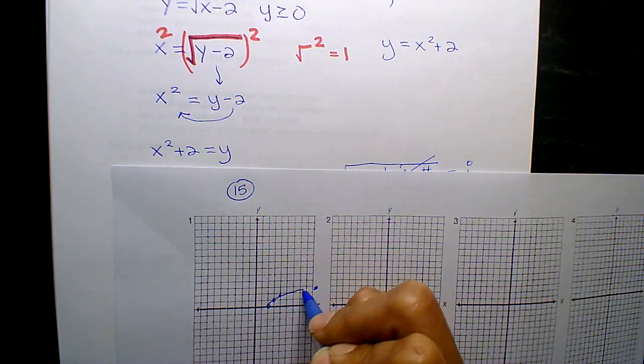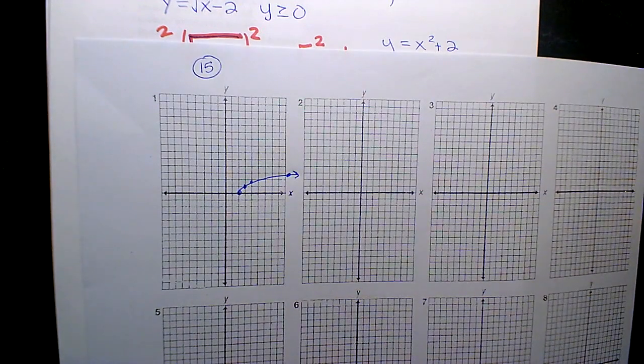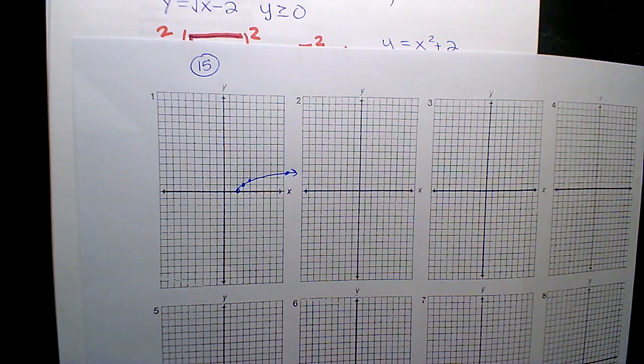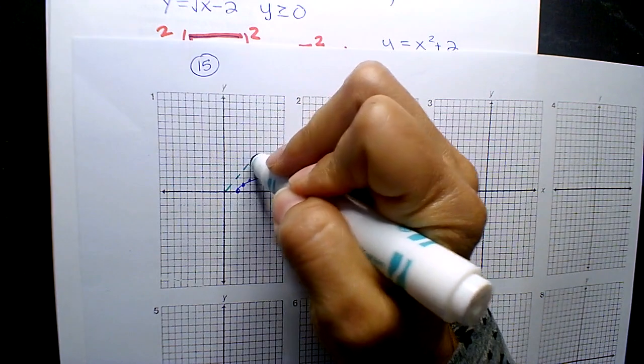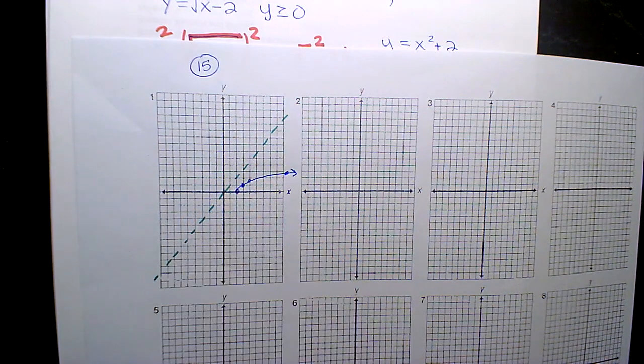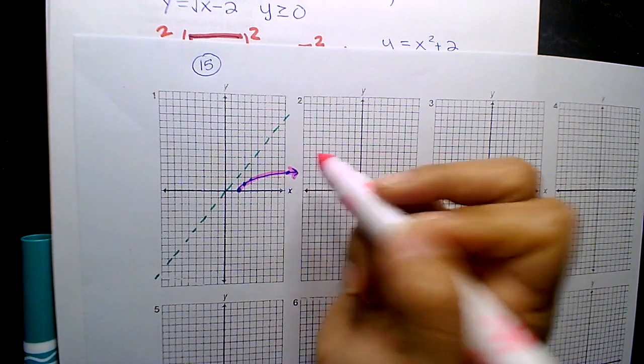Okay, it's something like this. So this is what my square root function would be, right? And then this is my diagonal line, right?